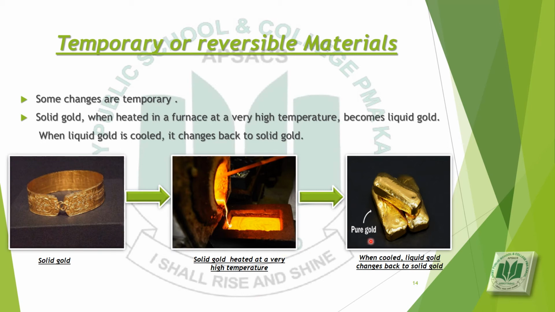But when this gold is cooled down, again it is converted from liquid into solid form. So it proves that some processes are temporary or reversible, and it is possible to convert the materials back into original form.